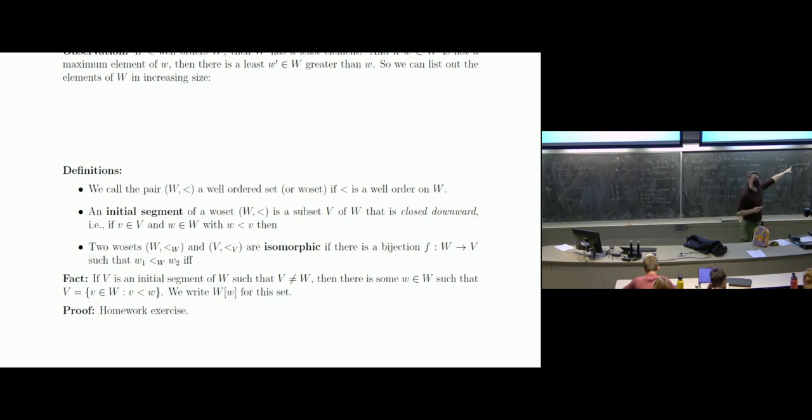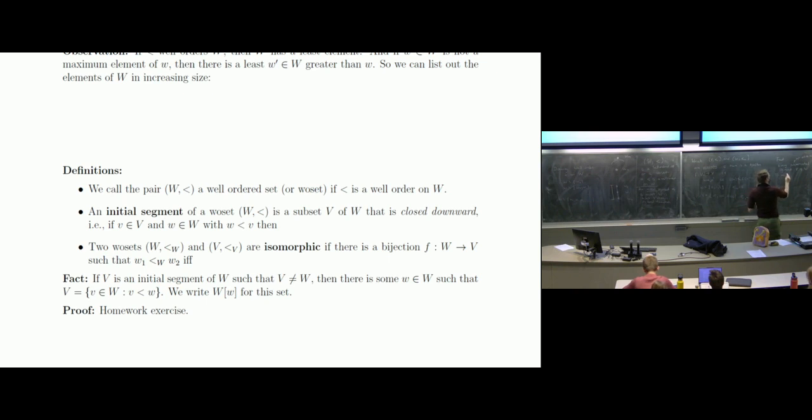Okay, so by proper I mean, initial segment means you're closed downward, right? Proper means you're not equal to all of W. So you're missing something that's necessarily near the top because of closed downwards.